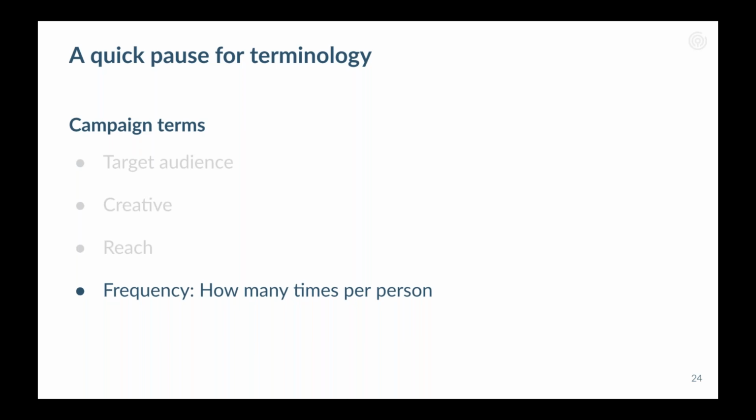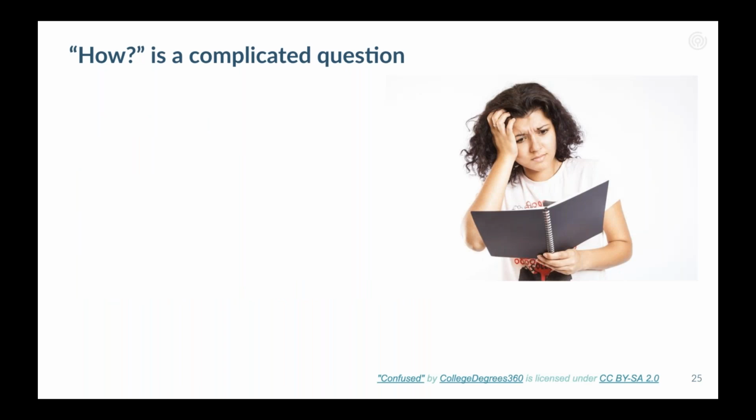So now with that baseline, I'll talk a little bit more about the how of running a campaign. So if that all sounded a little overwhelming, it really can be.